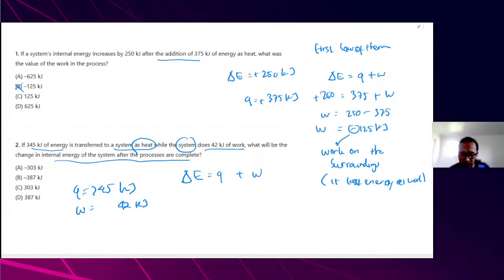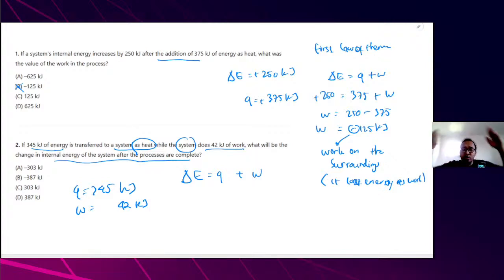What will be the change in the internal energy of the system after the process is complete? This time Q is positive, right? Energy is transferred to the system.